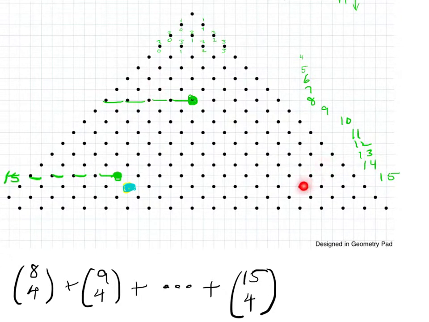Start here, add up all these numbers, and it equals that. Miracle identity that works anywhere on Pascal's triangle. So I could just swipe down and then like that. As long as you start somewhere here and you say, okay, this plus this plus this plus this plus this, you have this.